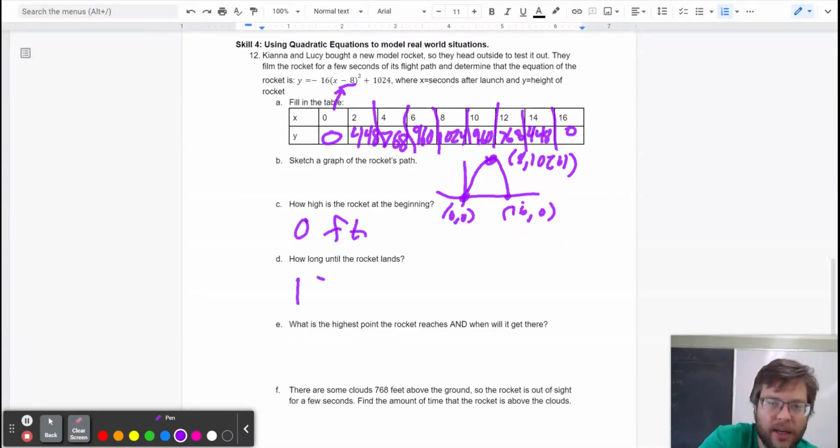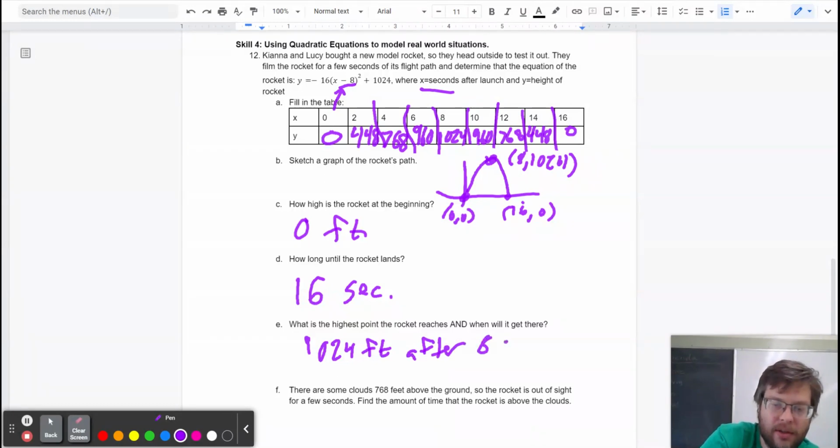How long until the rocket lands? 16 x's in seconds. What is the highest point the rocket reaches and when will it get there? It goes up to a height of 1,024 feet after 8 seconds.